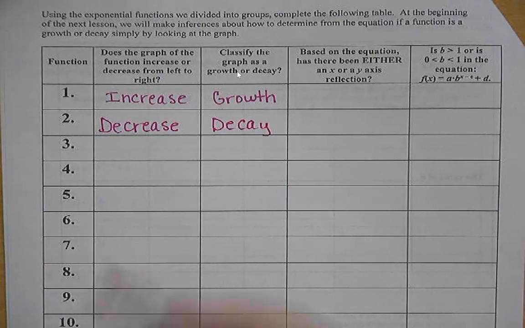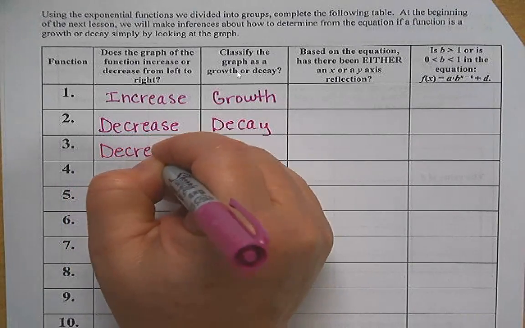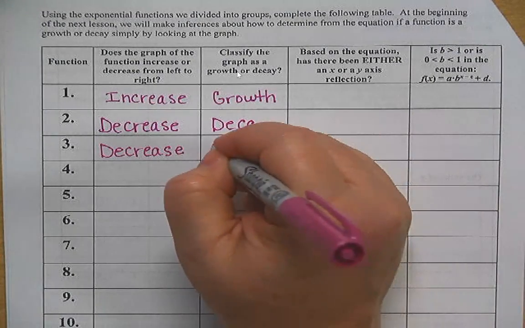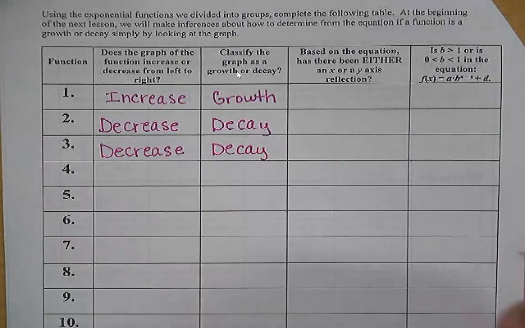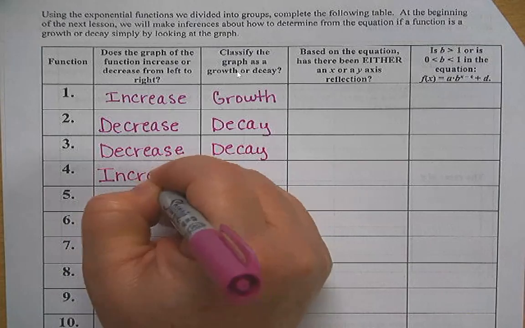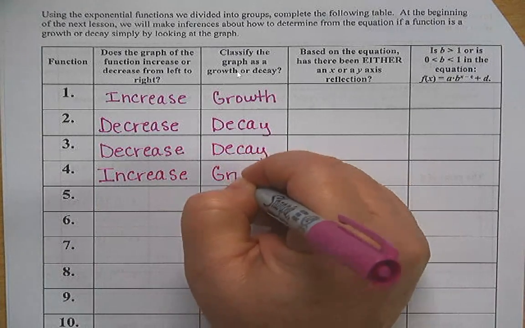And we'll continue on. Number 3, from left to right, the graph will decrease, meaning it is a decay. Number 4, from left to right, will increase, growth.